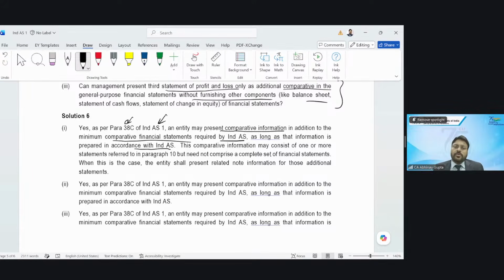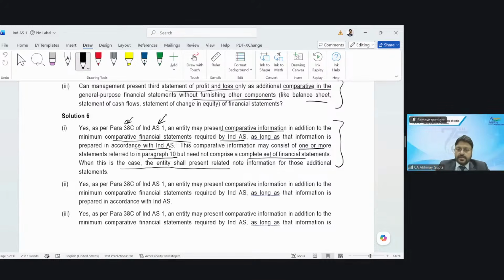Whatever you are going to present in your financial statements has to be strictly in compliance with all the Ind ASs, right? So this comparative information may consist of one or more statements referred to in paragraph 10, but need not comprise a complete set of the financial statements. In this case, the entity shall present the related note information for those additional statements, right? So third column presentation is allowed under para 38C as long as it is compliant with Ind AS.